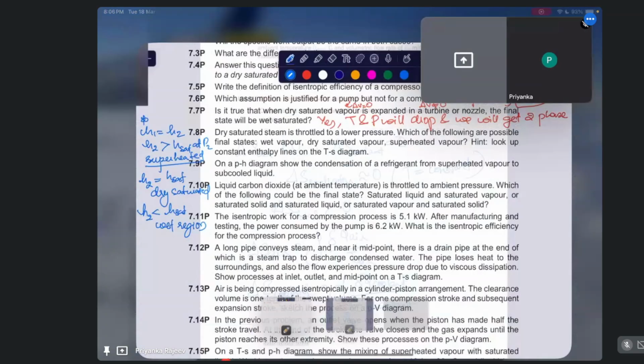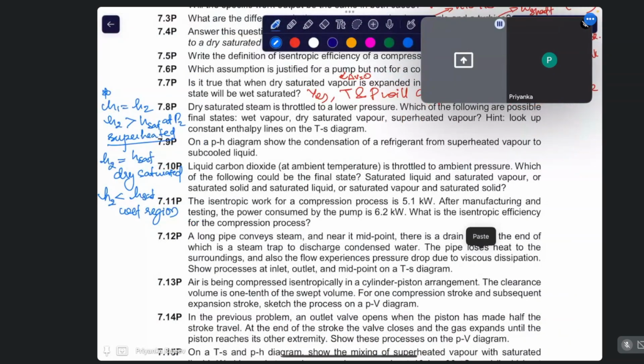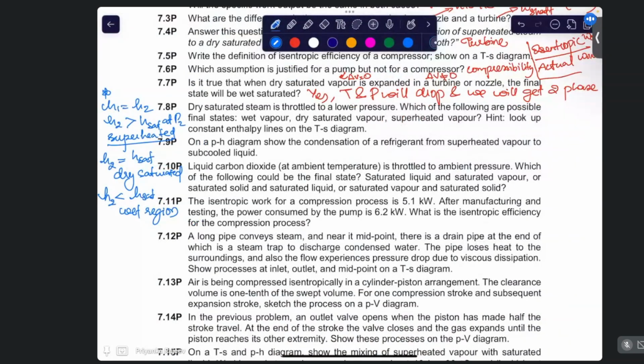Yeah. So we were saying, liquid carbon dioxide at ambient temperature is throttled to ambient pressure. Which of the following could be the final state? Saturated liquid and saturated vapor, or saturated solid and saturated liquid, or saturated vapor and saturated solid.